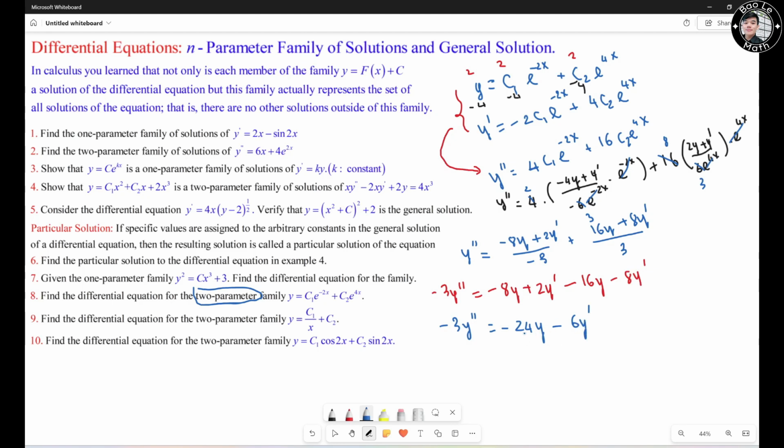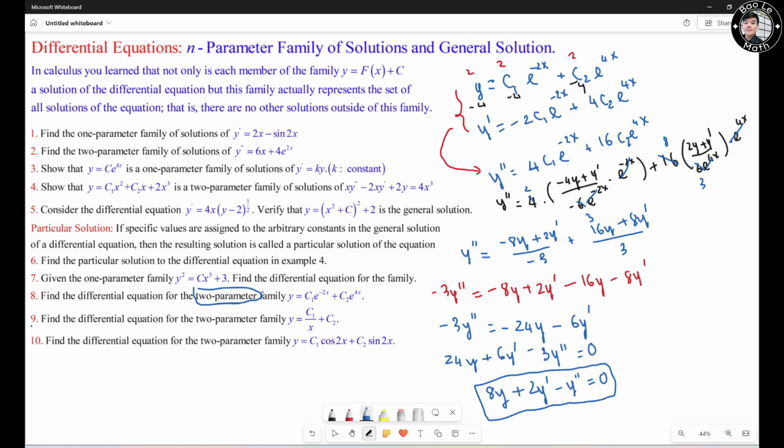Now I need to add 24y and 6y prime to both sides, so it turns out to be 24y plus 6y prime minus 3y double prime equals 0. Divide both sides by 3, so it could be 8y plus 2y prime minus y double prime equals 0. This is the final solution.